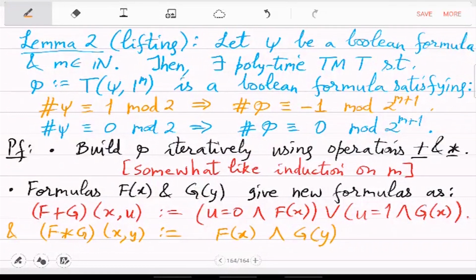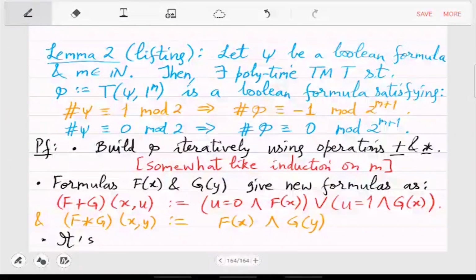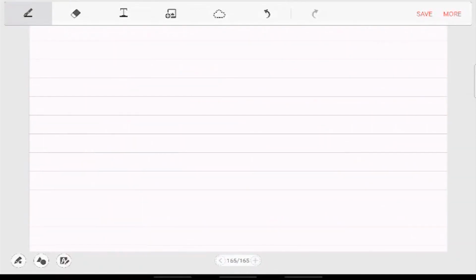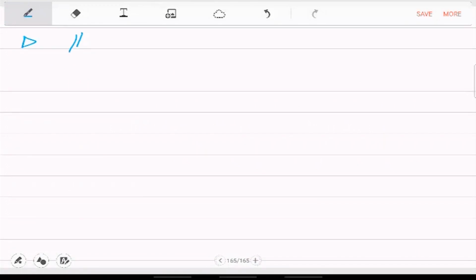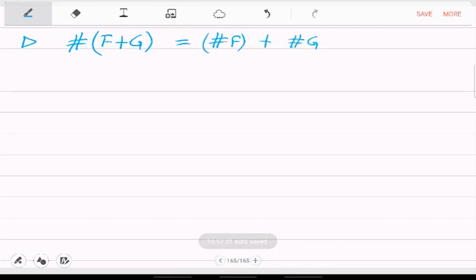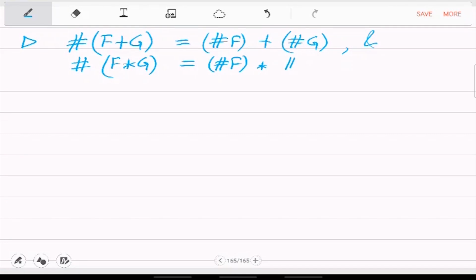Okay, so it is now easy to see that the number of satisfying assignments of the Boolean formula f plus g is the sum, and that of f star g is the product.